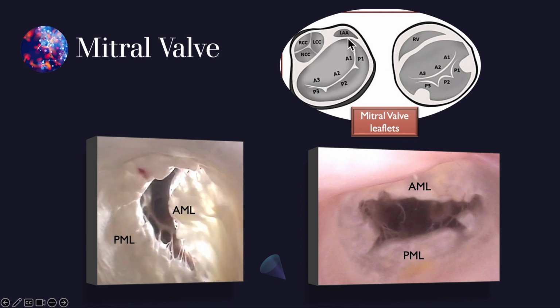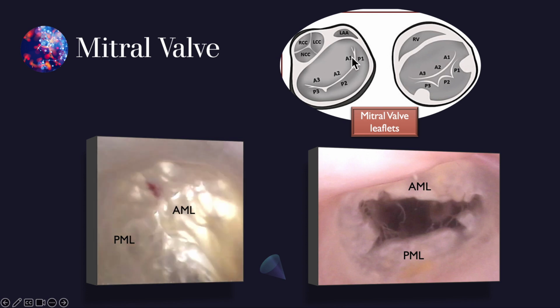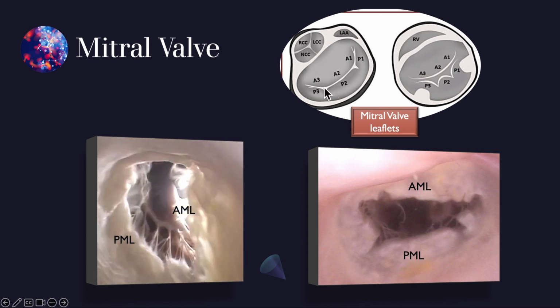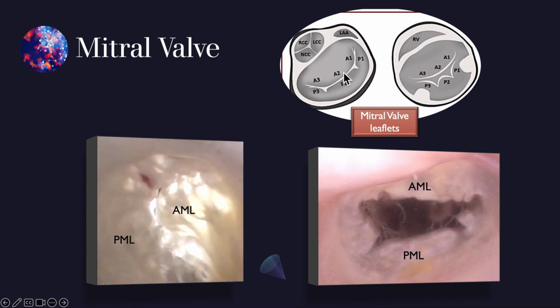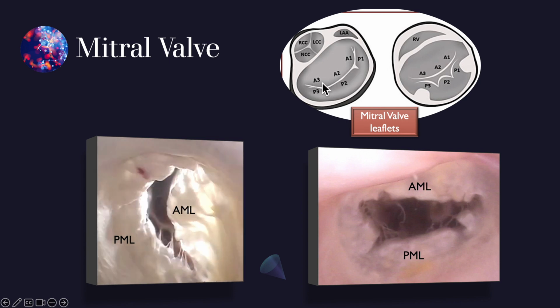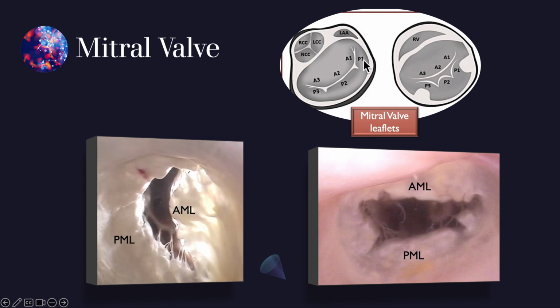Here, if you see, this is the location of the left atrial appendage, this is the lateral side, and this is the medial side. The anterior leaflet, AML, is divided into A1, A2, and A3 scallops starting from the lateral side.